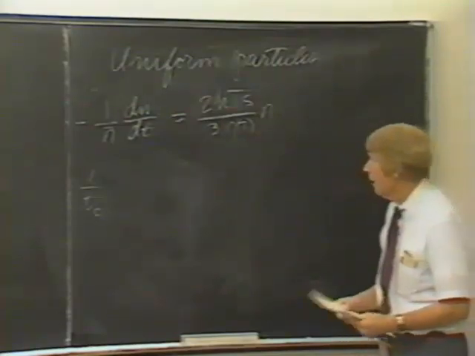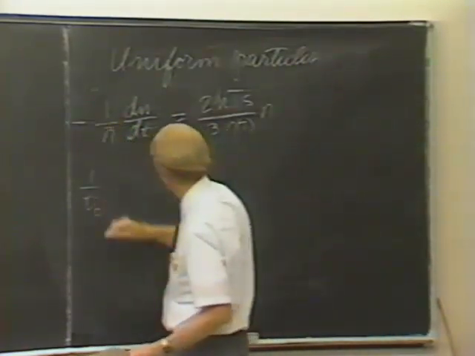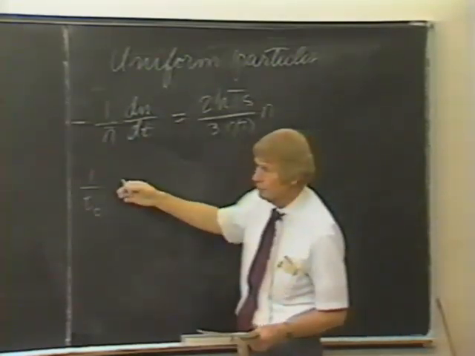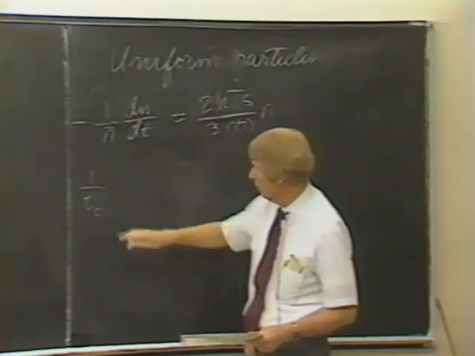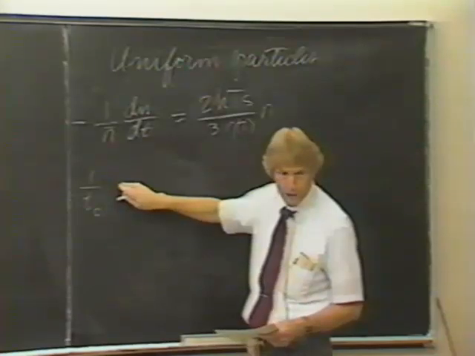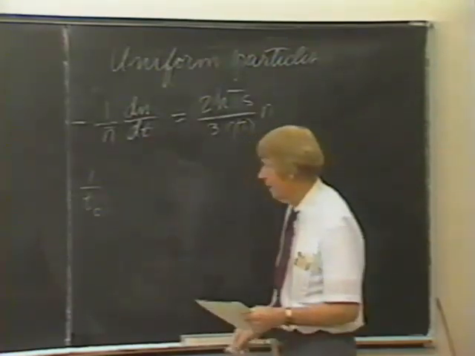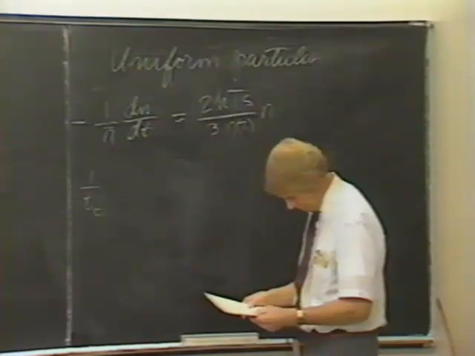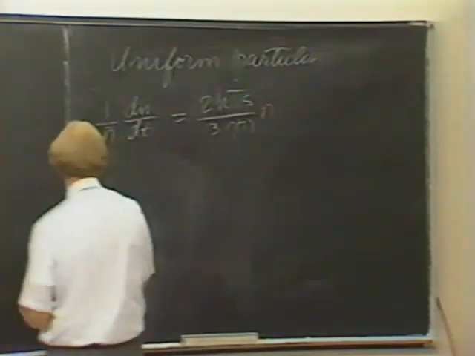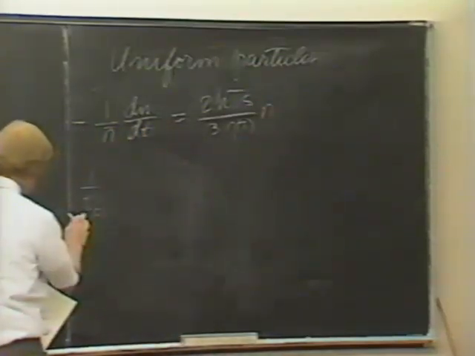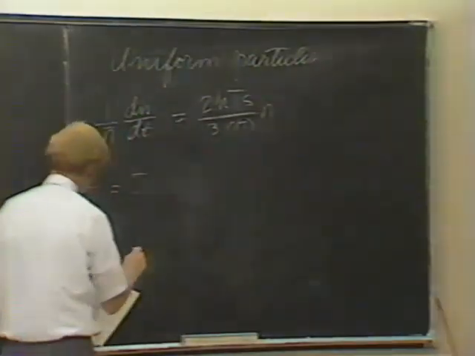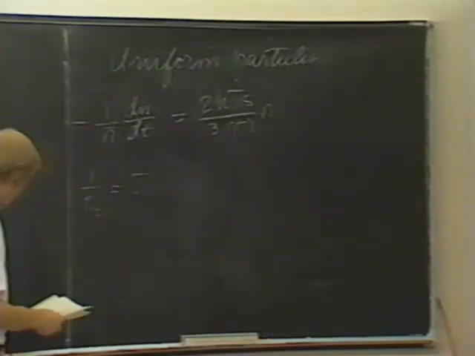So we can call this 1 over Tc, or we've been calling this J earlier. J is the collisions per second. This is 1 over J, collisions per second. Oh, is that right? Yeah, no, this is J, what we call J. It's called time of collisions or time of coagulation in various parts of the literature.